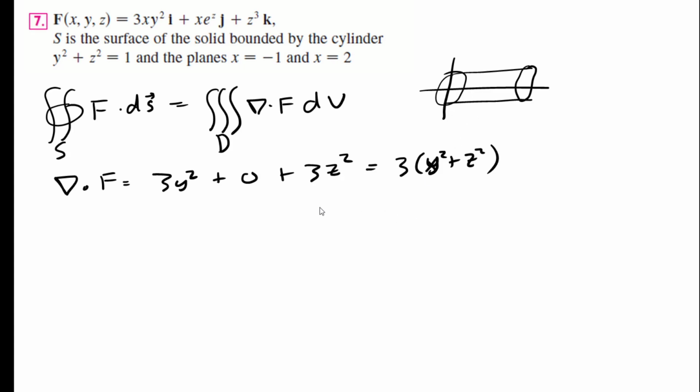So I'm going to set x equal to x, y equal to, what's the radius? Radius is 1. y equals r cosine theta, and z is going to be equal to r sine theta.